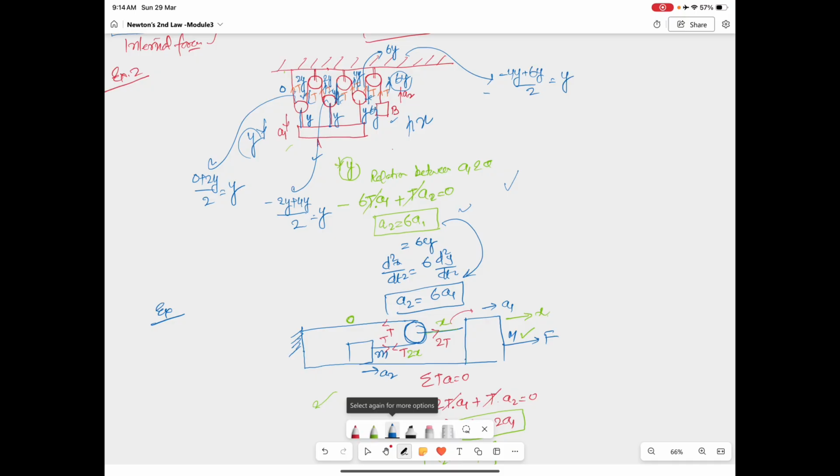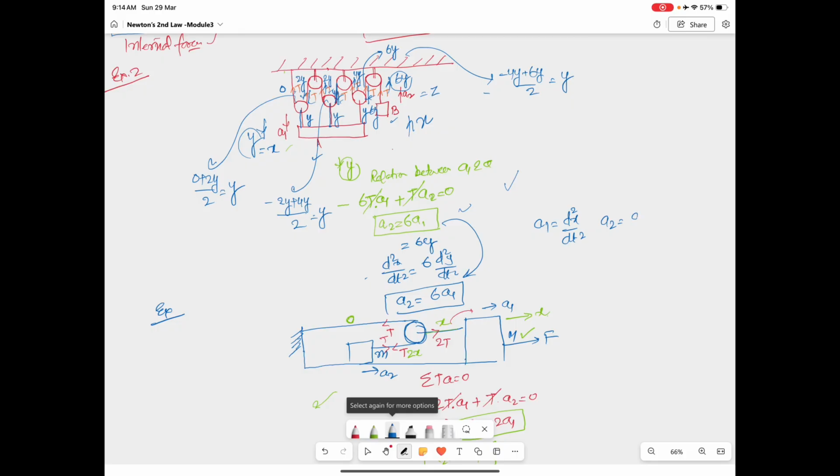So I can write d2x by dt square. If I write here as x, a1 is defined as d2x by dt square by double differentiation. And if this is y, this is a2, suppose I write it as z.